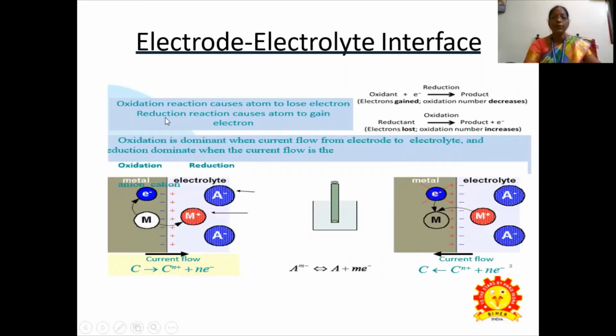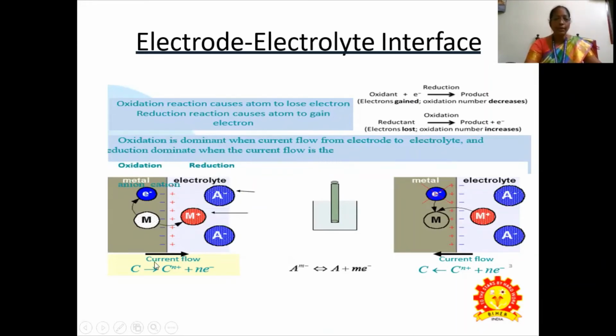So these are the two chemical reactions happening, oxidation and reduction. In oxidation I have a loss of electrons, and in reduction I obtain electrons. When electrons are lost, the oxidation number increases. So oxidation is dominant when current flows from electrode to electrolyte, and reduction dominates when current flows in the other direction.